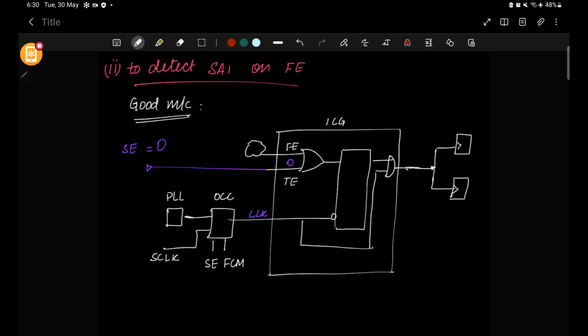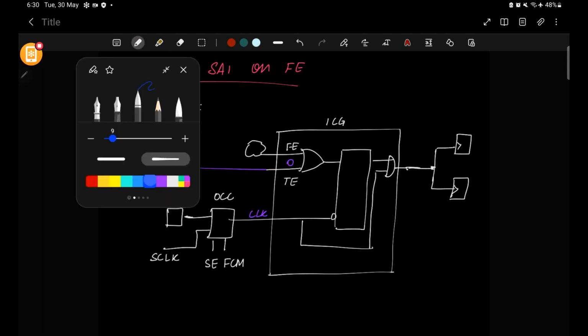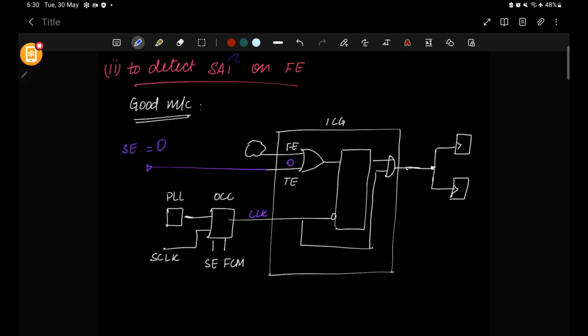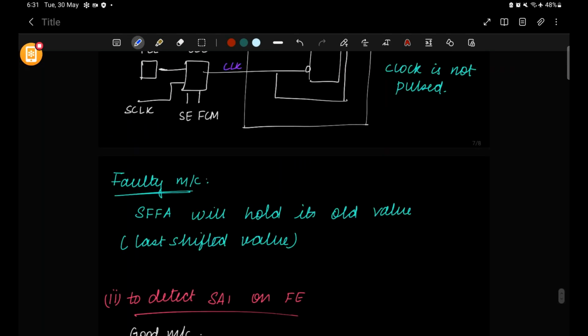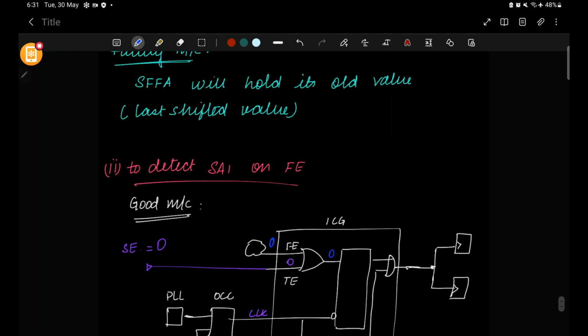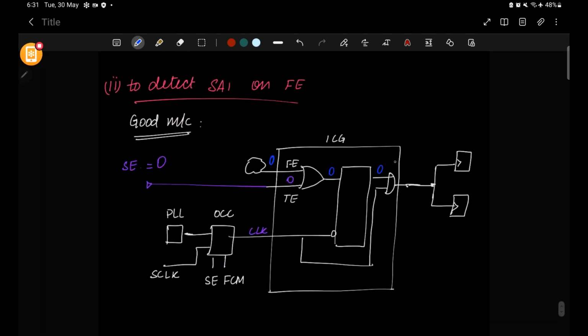If you assume a fault, you get the opposite value. So the tool will try to put the opposite value only. Stuck at 1 means the tool will try to put a 0 value. So here it is 0. Output of this latch will be 0. So here the output of this AND gate will also be 0.